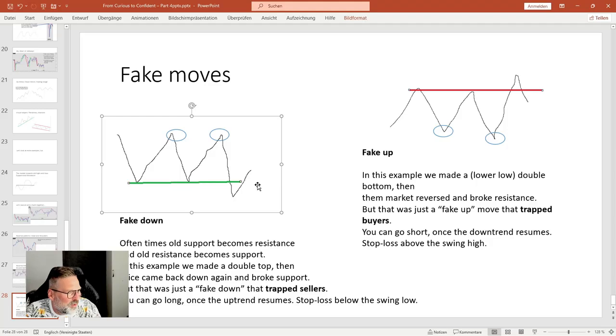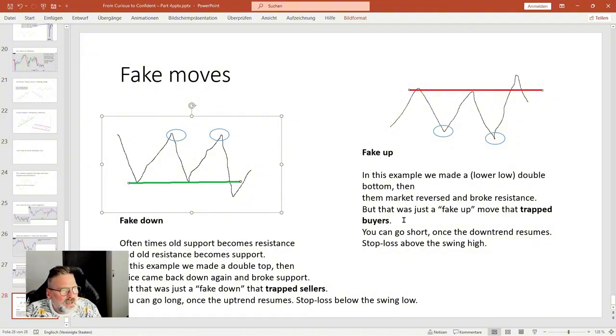Otherwise, you would have gotten stopped out. You could reverse then, because you know you got played. But let's say you are just sitting there patiently and waited. So once we pushed through resistance here, we would buy in anticipation of the up move to continue. Stop loss below the swing low.